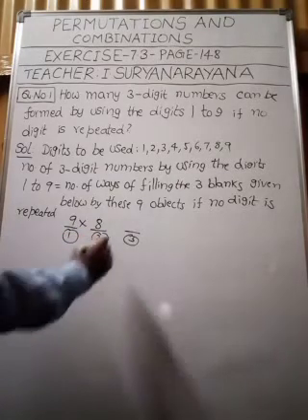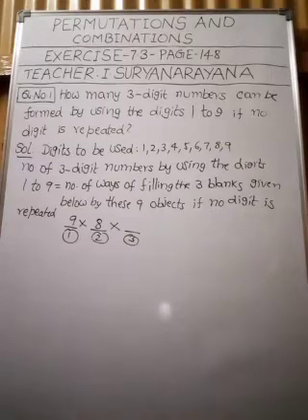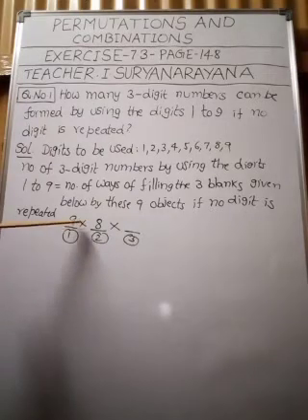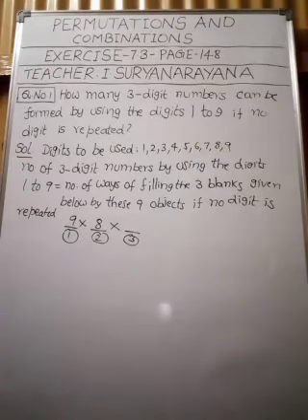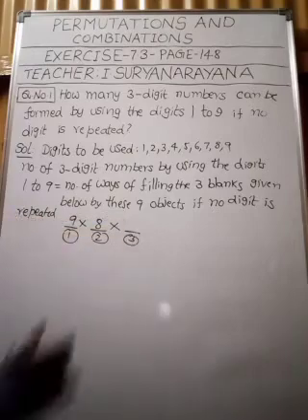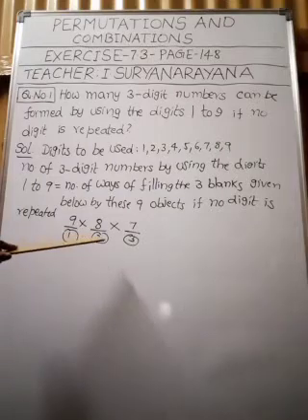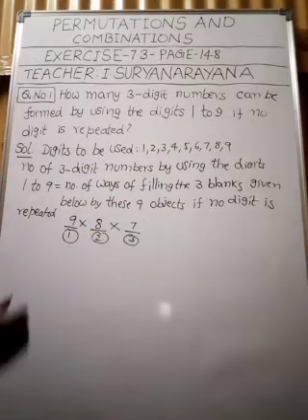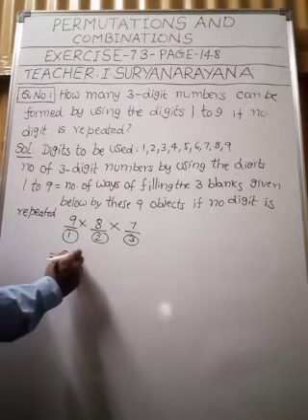9 into 8 into the third operation. How many objects will be there in our hand after filling these 2 blanks? Only 7 objects will be left. So this third blank can be filled by any one of the 7 objects. So by the fundamental principle of multiplication, what do you get? 9 into 8 into 7.